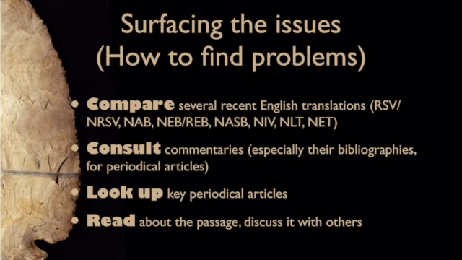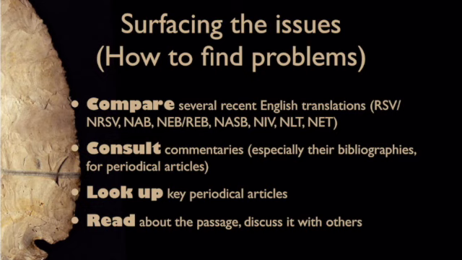So the RSV, the NRSV, the NAB, the REB, the NASB. What's not listed here is the Holman Christian Bible and the Christian Standard Bible, and the NIV, the NLT, and the NET.